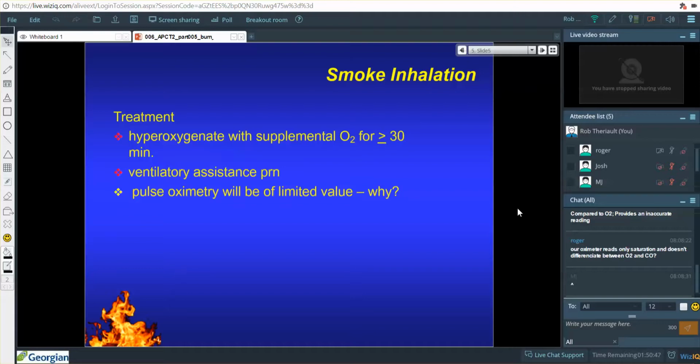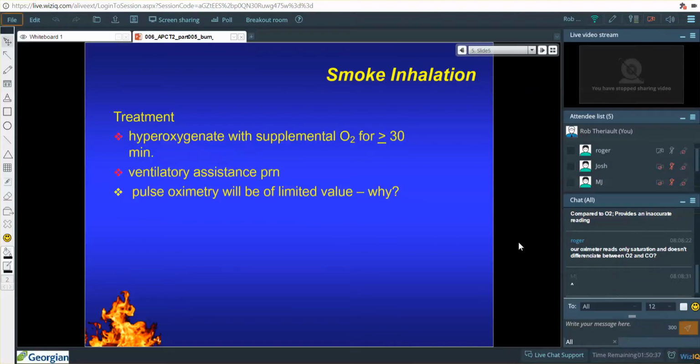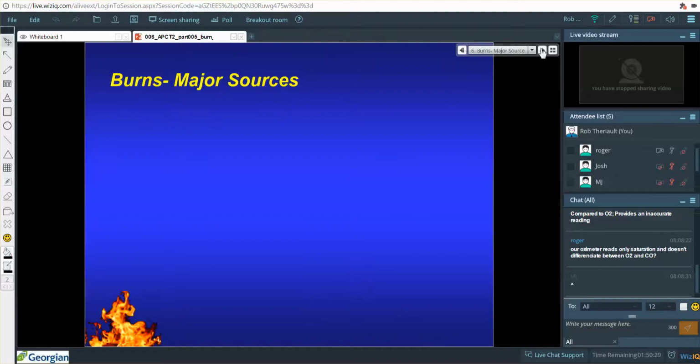I said, let's get some oxygen on him, and my partner said, his saturation's 100%. And I said, yeah, but he's got CO poisoning. And he said, oh, right. So it's amazing how we tend to forget. And this is a guy who's got like 40 years on the job, right?